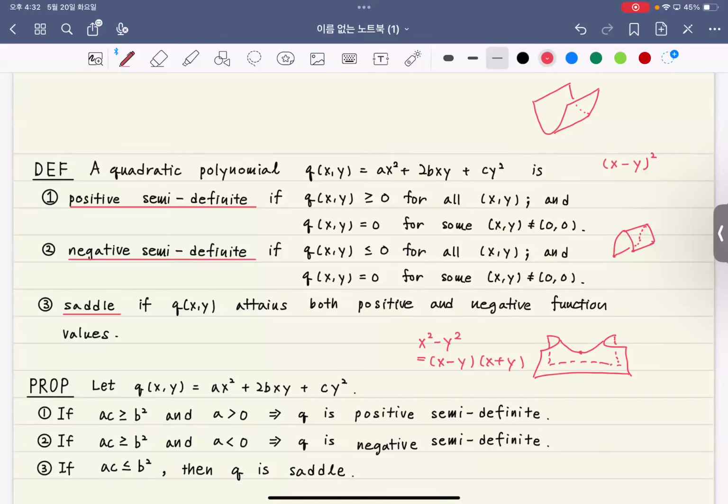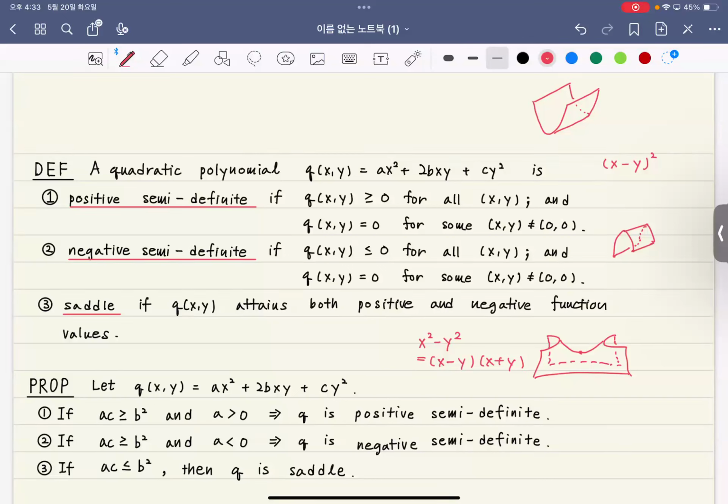So the idea is very simple. If your quadratic polynomial is positive or negative definite, then your discriminant must be negative. But if your quadratic polynomial is saddle, that means you can factorize your polynomial into two real linear factors.